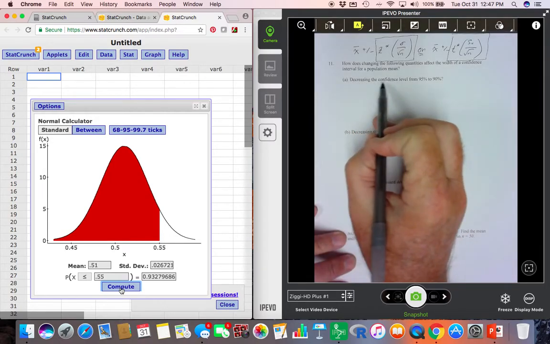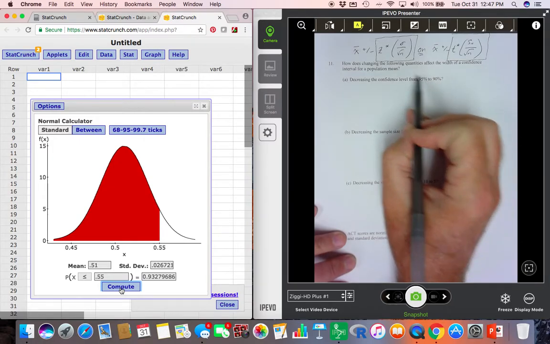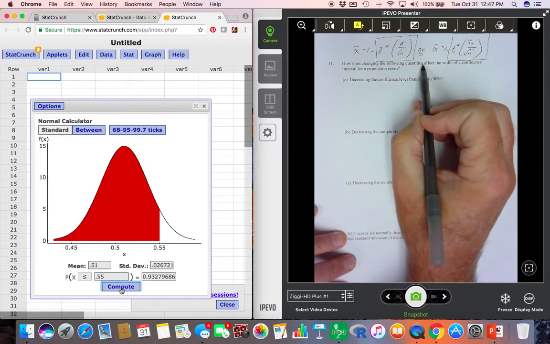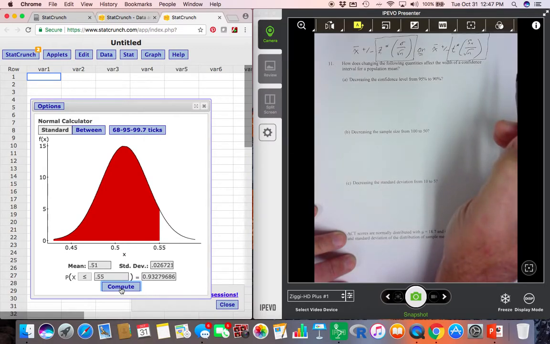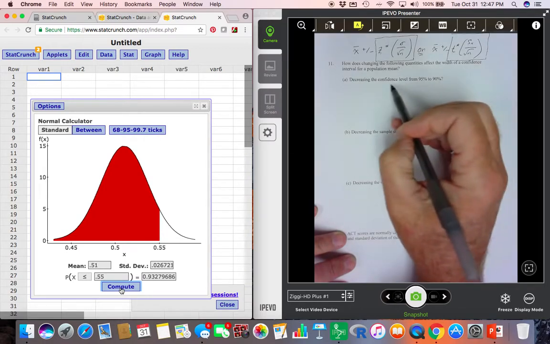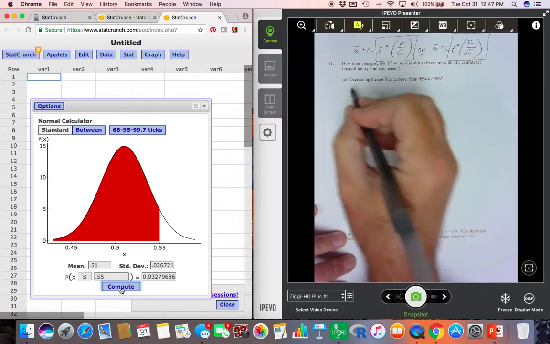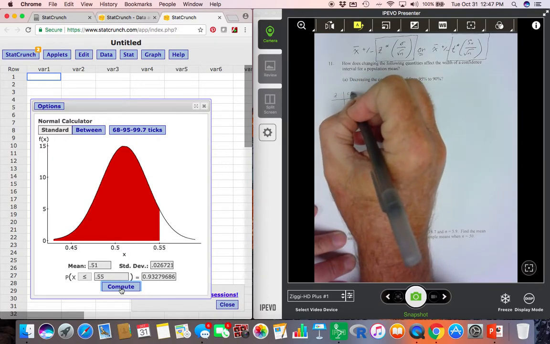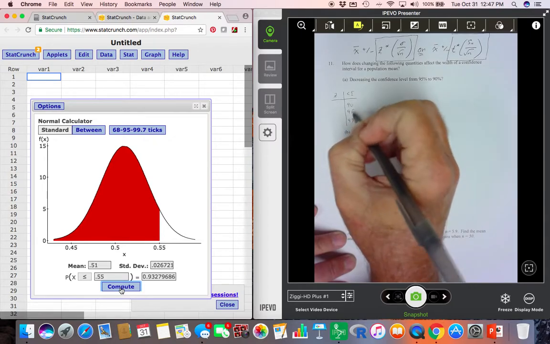So decreasing the confidence level from 95% to 90%, this value would decrease in both cases, which means the width would do what? What would happen? So we're going from 95% to 90%. So if you remember back when I did the z's, just for example, of the confidence intervals, we looked at 90, 95, 99.